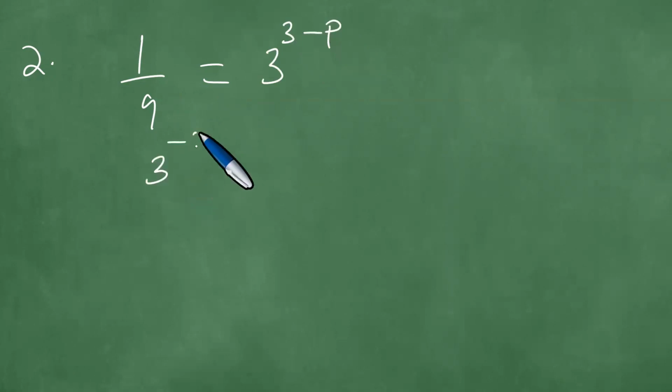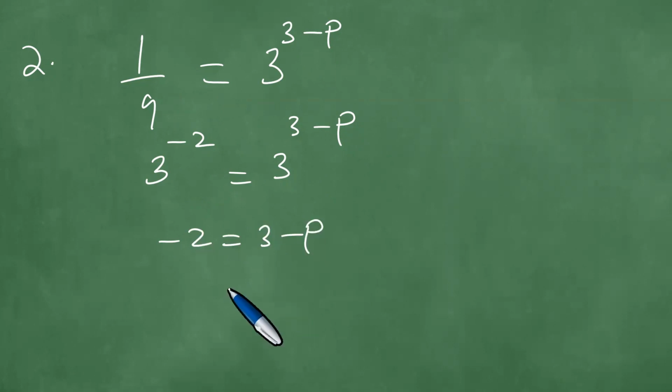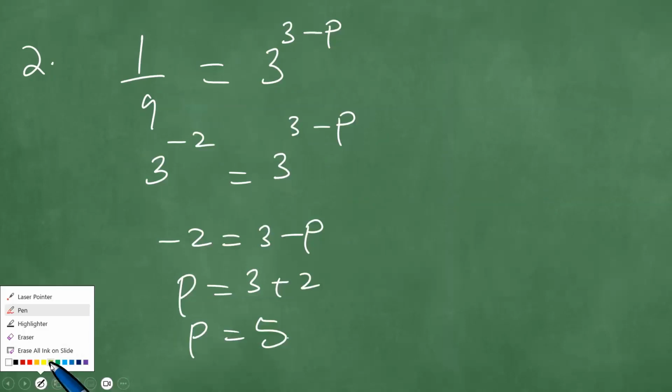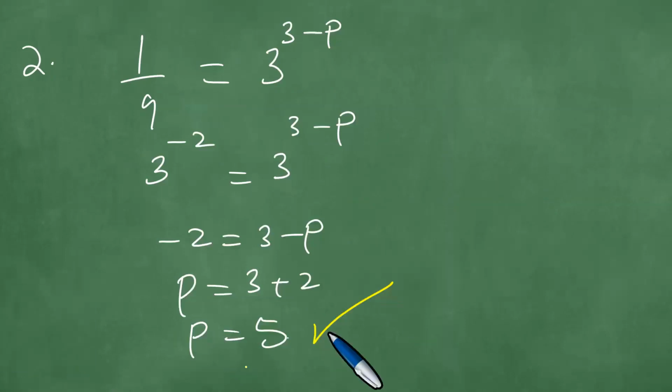Which means 3 to the minus 2 equals 3 to the power 3 minus p, so minus 2 is 3 minus p. You can bring the p to the left and have 3 plus 2, which means p equals 5, and that is the answer.